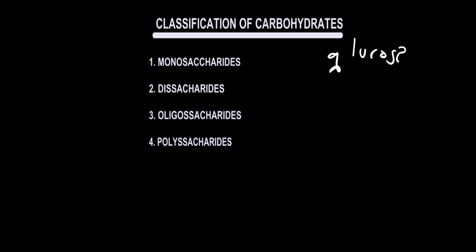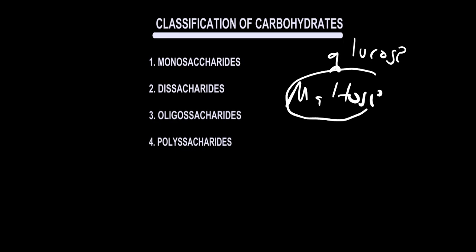Then disaccharides produce two molecules of monosaccharides when hydrolyzed. For example, the maltose that we got when combining glucose plus glucose, when we put this in water, it will hydrolyze to give two glucose molecules. Then we've got what we call an oligosaccharide.